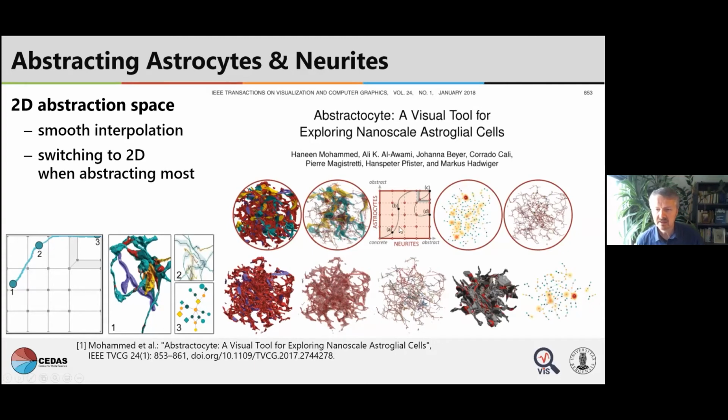And they construct a 2D abstraction space for both of these structures where they can independently abstract each one of them or both together. And they even have a corner in the upper right here where they can go from 3D to 2D in order to get even more abstract and have an overview and a place for interaction. Here, this becomes then a graph visualization as an abstraction from the 3D scenario with the interplay between the neurites and the astrocytes.